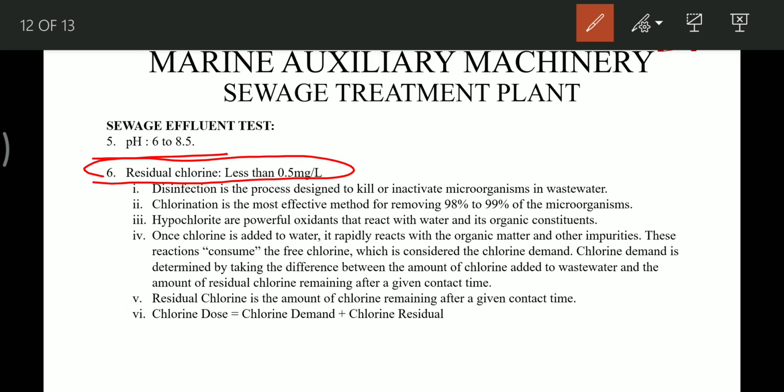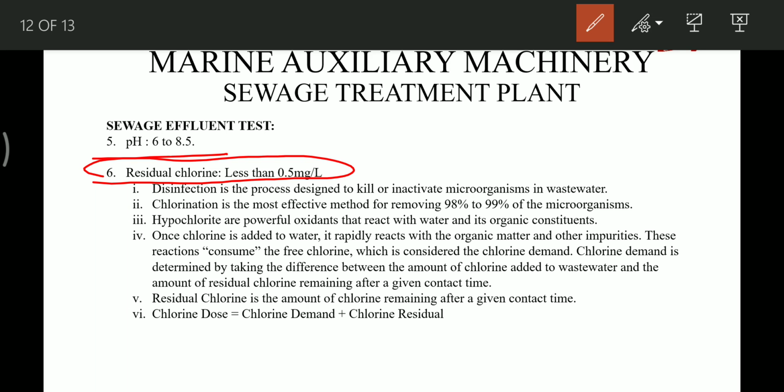A test kit is provided on board ship. Basically it contains tablets. We take the sample, mix the tablet with it, and we check the color of the test sample with the disc provided and get the reading. So its value has to be less than 0.5 mg per liter.